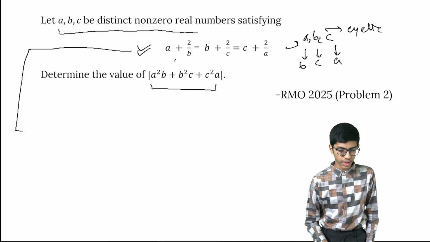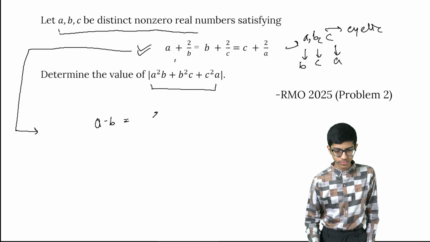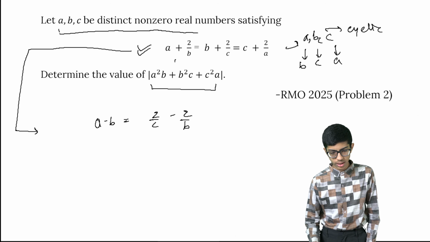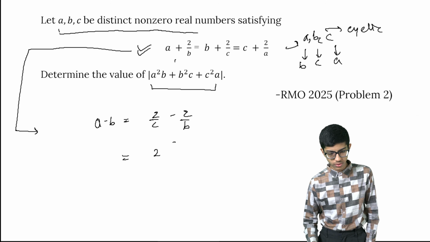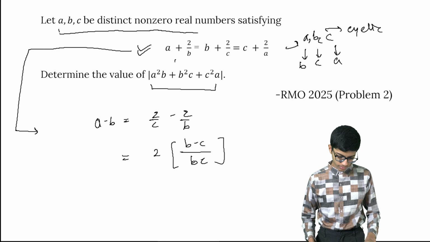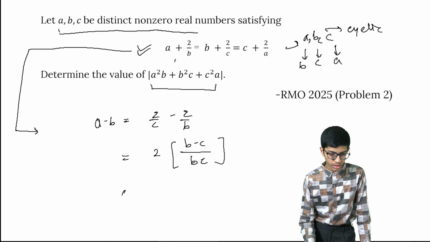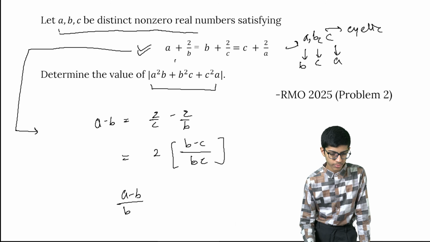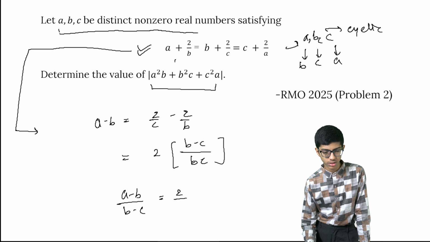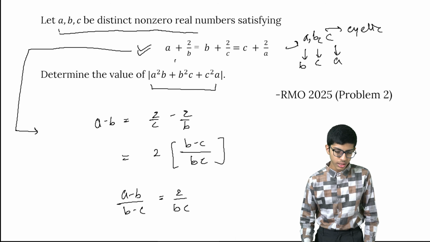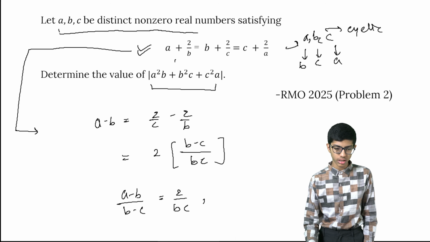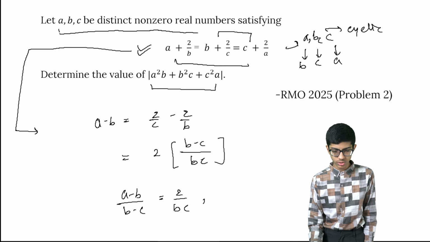For now, by rearranging, we have a minus b equals 2 by c minus 2 by b, which equals b minus c by bc. Then we have a minus b divided by b minus c equals 2 by bc. Similarly, we have this for the other two terms, that is, we take these two equations and then these two equations.